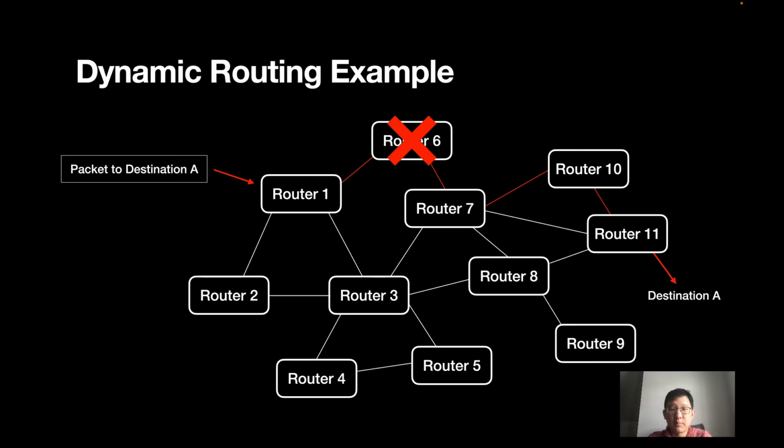In static routing, because the routes are all fixed, you can no longer route the packet to destination A. Now in dynamic routing, all the routers on the network, or the remaining routers on the network, will work together to create a new path, right? So now, once it converges, it'll take a new path, and that path could be router 1, 2, 3, 8, and 11. So that's a benefit of dynamic routing protocols, where it takes into account changes in the network.